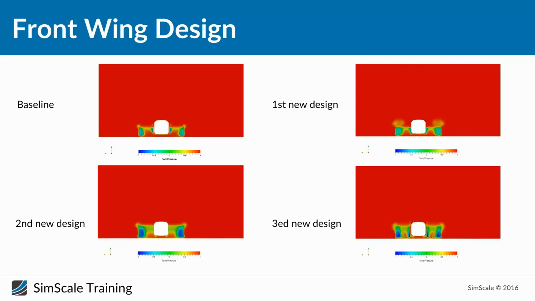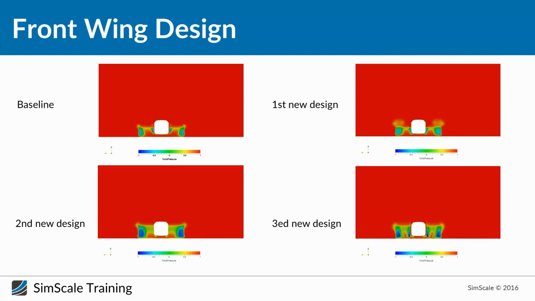We can see that for our small front wings, like the first one and the second one, the width of the front wing is not that big, so the effect of the front wing on the rest of the car will not be as big in terms of kinetic energy.